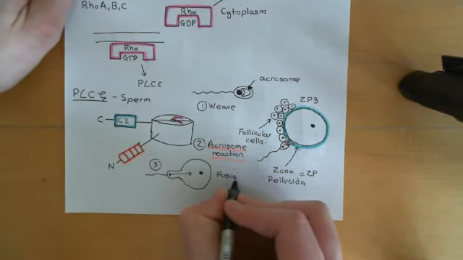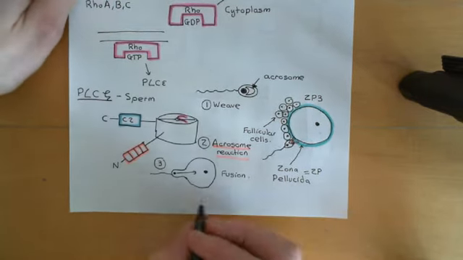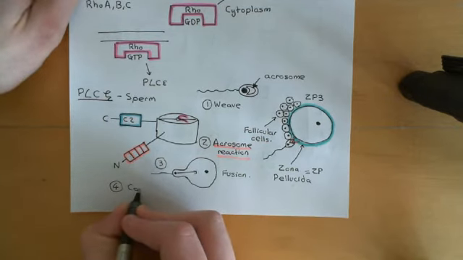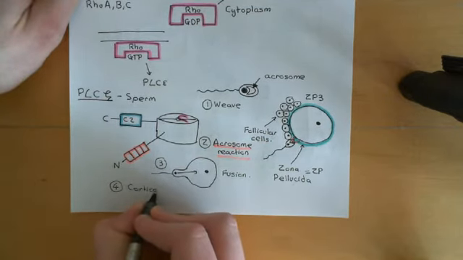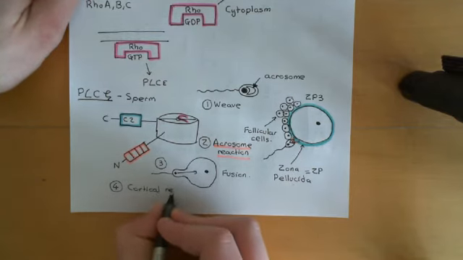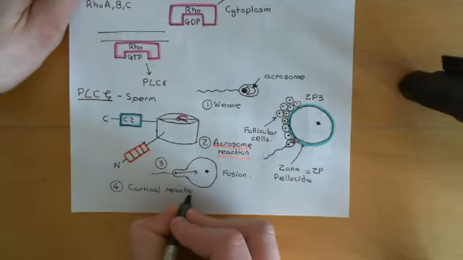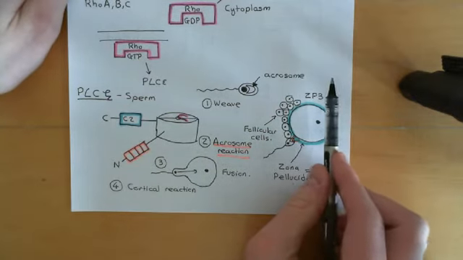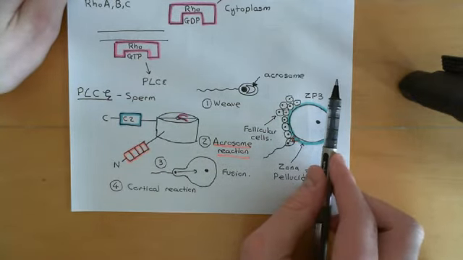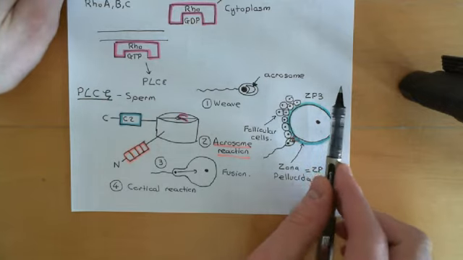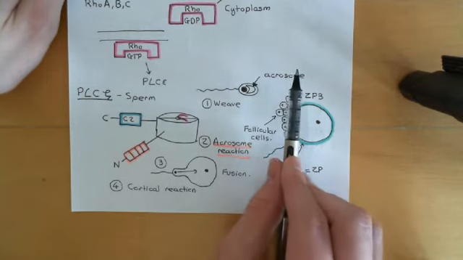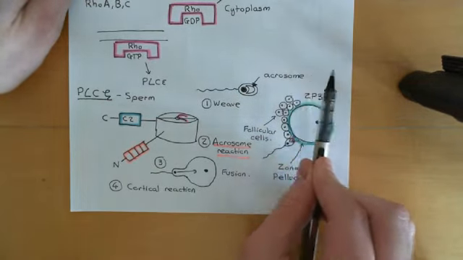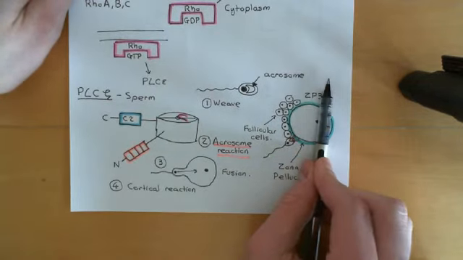Okay, now one of the first things that happens in fertilization is something called the cortical reaction. Now let me tell you what the cortical reaction is. Basically, the moment the sperm fuses with the egg cell, you start getting these calcium waves propagating along the oocyte. So basically this involves a propagating rise in calcium. This is what a calcium wave means. Calcium goes up here, followed by calcium going up here, followed by calcium going up here, followed by calcium going up here.